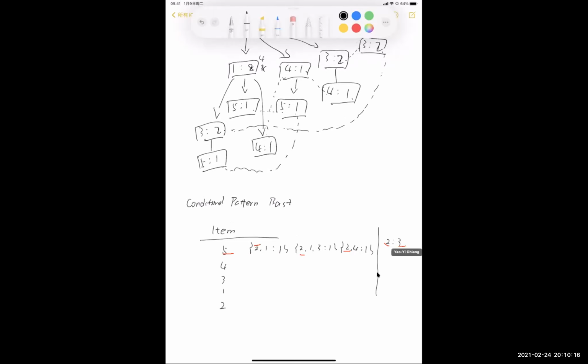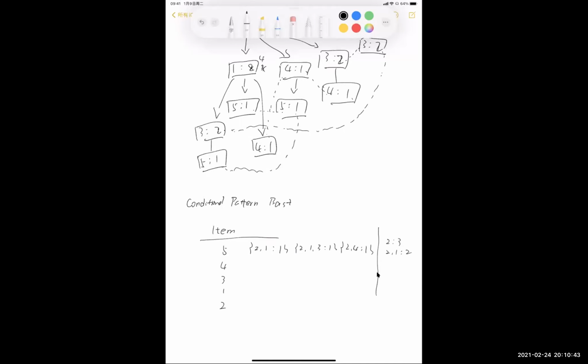Right. Okay, so what else do you have? We have 2, 1 as count 2. So 2, 1, count 2. Okay, great. What's next? Do you have 2, 4? That only has count 1.